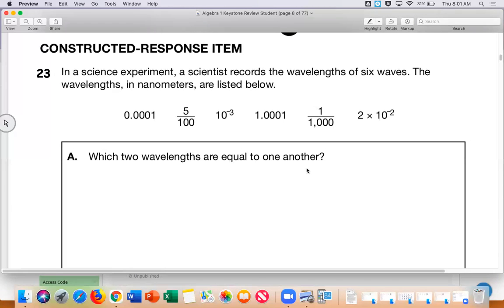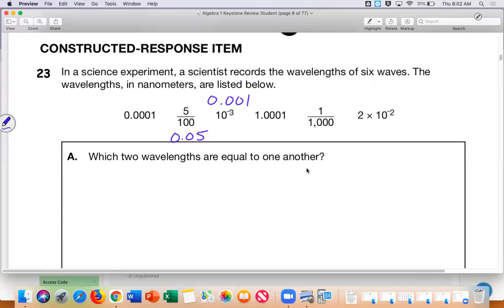So what I do is I make them all decimals, AJ. Make them all decimals. This one's a decimal. I'm Gucci. 5 over 100. That's easy, right? That's 0.05, correct? 10 to the negative third. So that's 0.001.